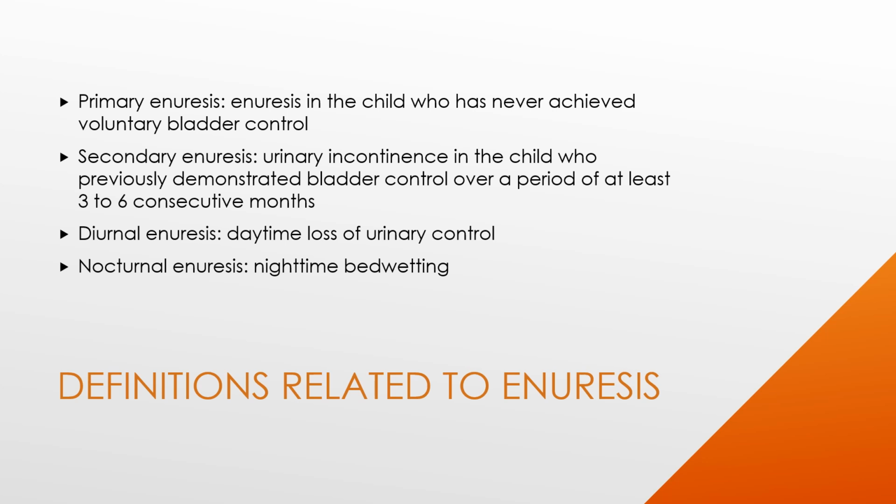These are the patients that never get potty trained. Secondary enuresis is urinary incontinence in the child who previously had bladder control and now, over the last 3 to 6 months, doesn't. Diurnal enuresis is daytime, nocturnal is nighttime bedwetting. So just some definitions to be aware of when we're talking about enuresis.